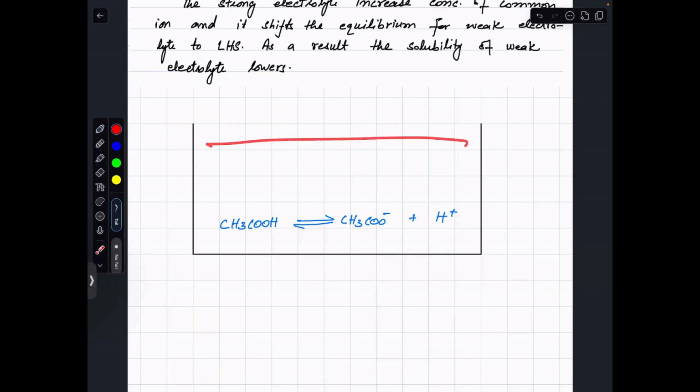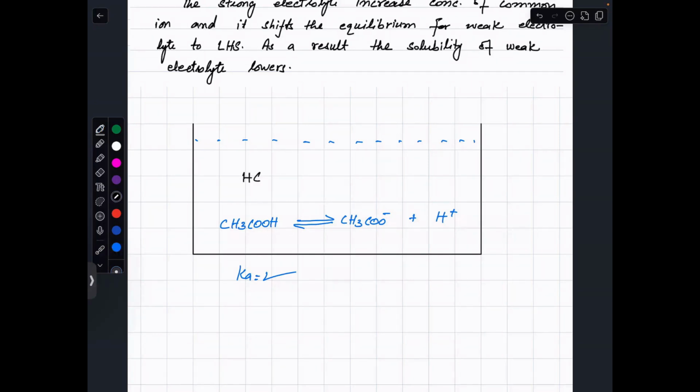It was ionizing up to some extent. It has its own Ka value. You know this. Would its Ka value change? No. As long as the temperature remains the same. Right? It was ionized. Now, what happened?